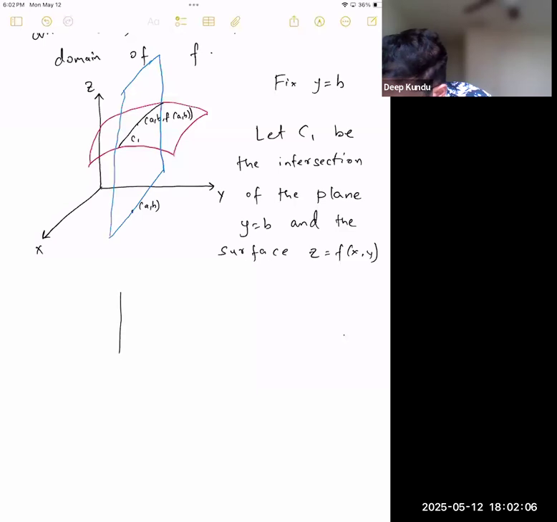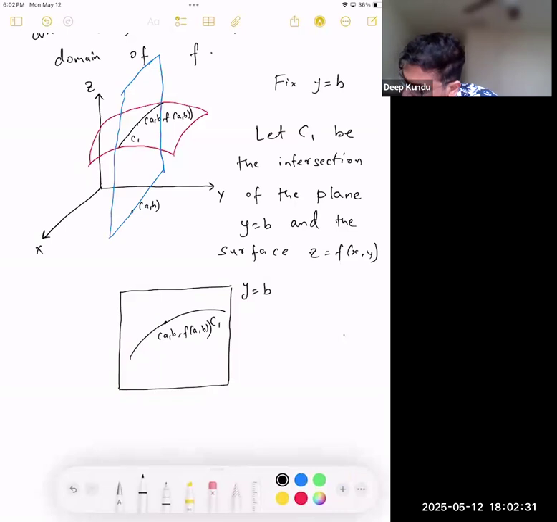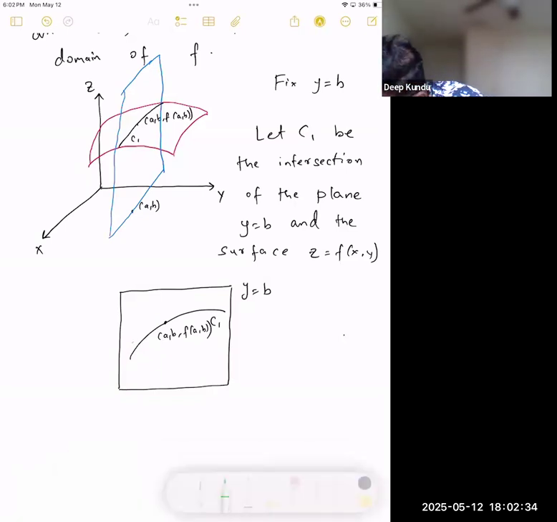So let's assume this is our plane y equals b, and this is my curve of intersection C1, and this is the point (a, b, f of (a, b)). Now we can draw the tangent line for this curve at this point, right? So let this line be the tangent to this curve C1 at the point (a, b, f of (a, b)).